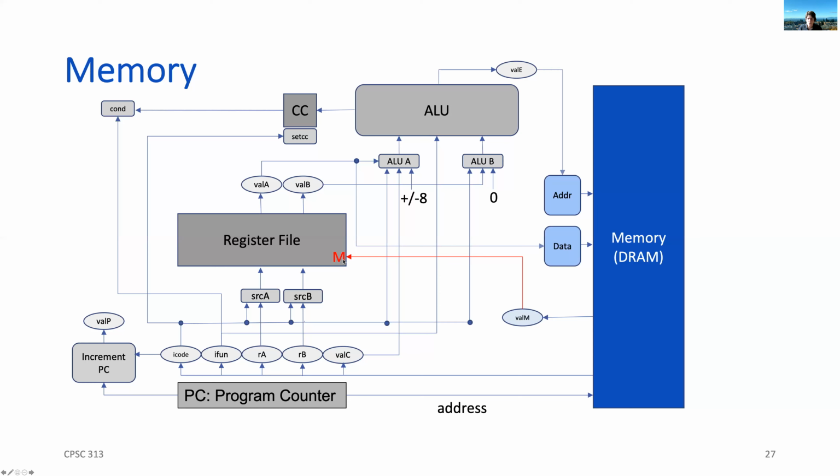Okay, so now the question is, how do we know when we take this value and send it to the register file, which register do we need to write it to? Well, in the instruction, it started out in RA, but how do we get that information to the register file?